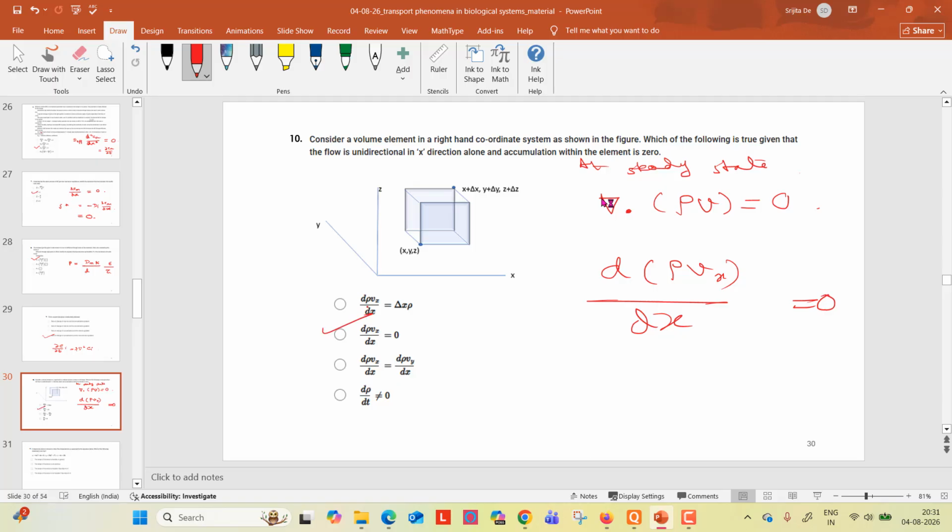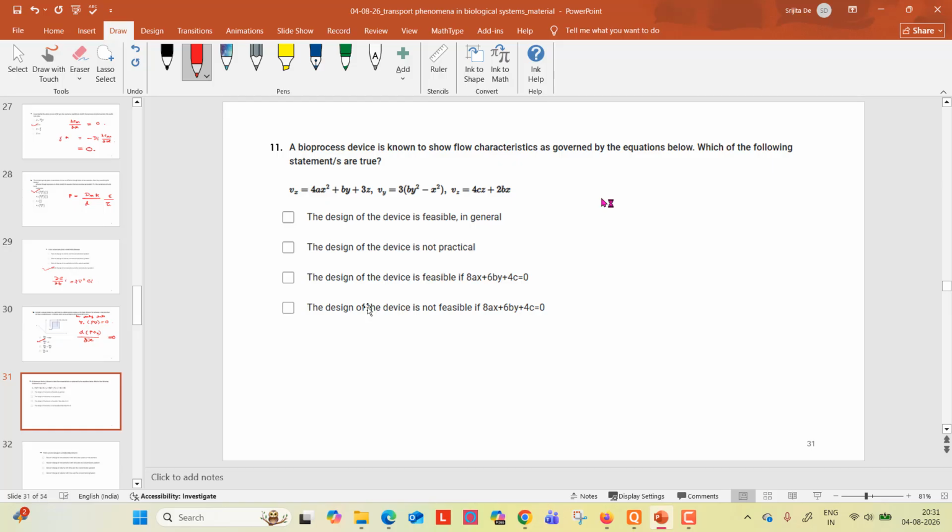Next. A bioprocess device is known to show the flow characteristics as governed by the equations below. Which of the following statements are true? Similarly, you have to do it for the continuity equation. Divergence of V, I have done it earlier.